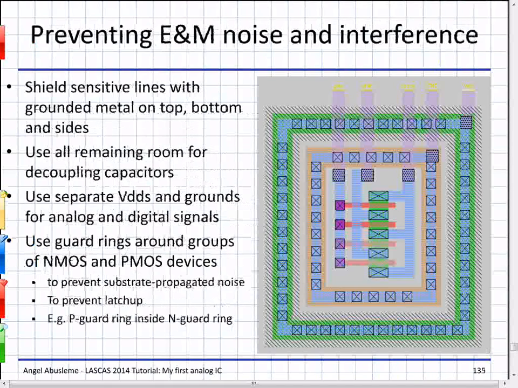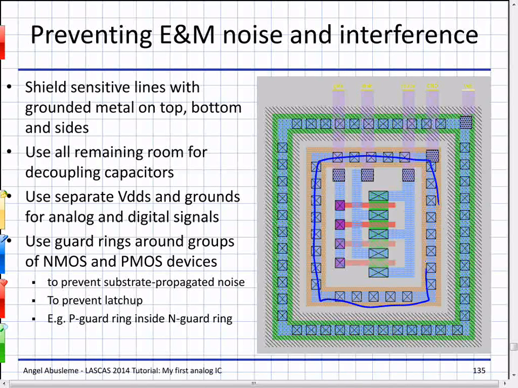So how to prevent EM noise and interference? One way is to put shields on top of transistors, but there are some other ways to prevent substrate noise, which is using guard rings. Guard rings are rings, right? This is a ring around a transistor. So this is the transistor, and it has a ring around it.